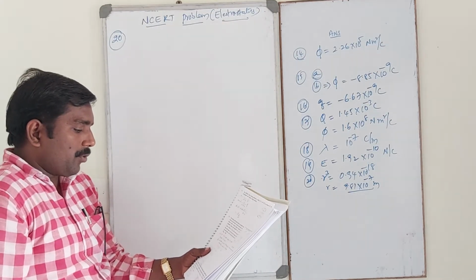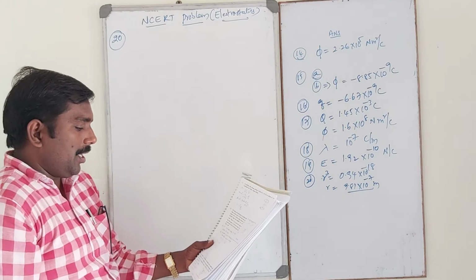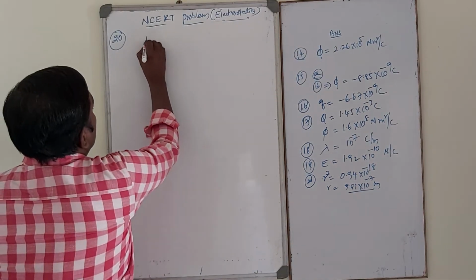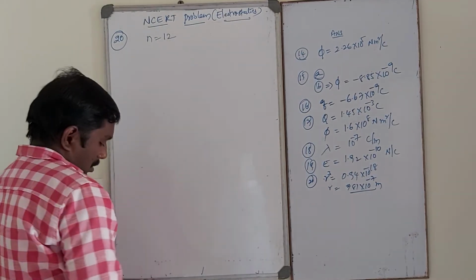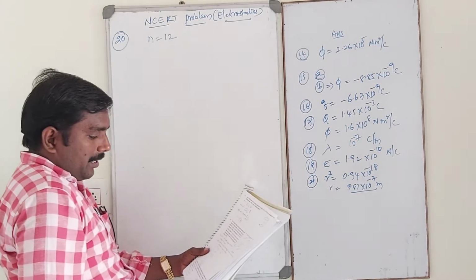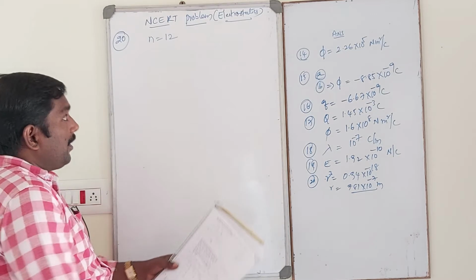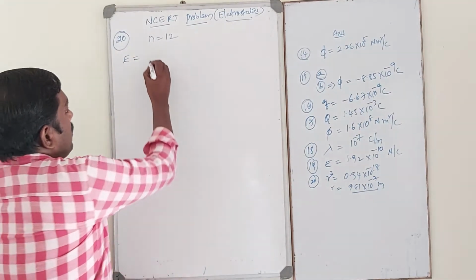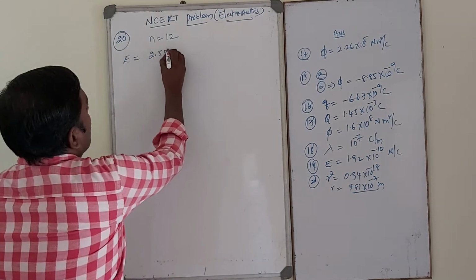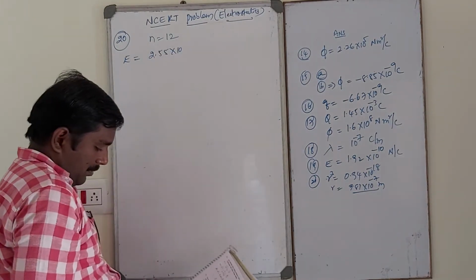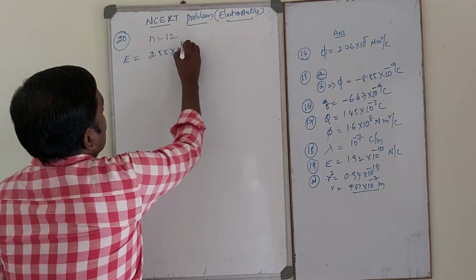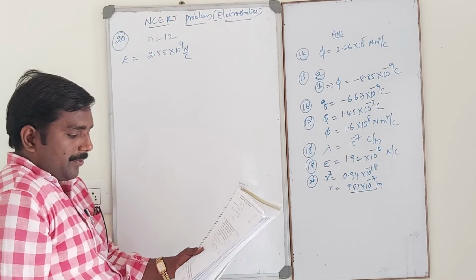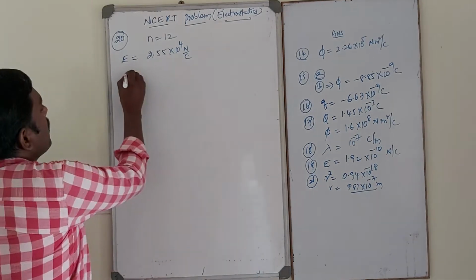An oil drop of 12 excess electrons, number of electrons n equal to 12, is held stationary under a constant electric field, already given, 2.55 into 10 to the power of 4 Newton per Coulomb. In the Millikan oil drop experiment, the density of the oil is given.